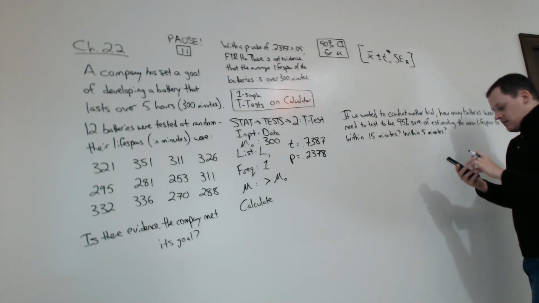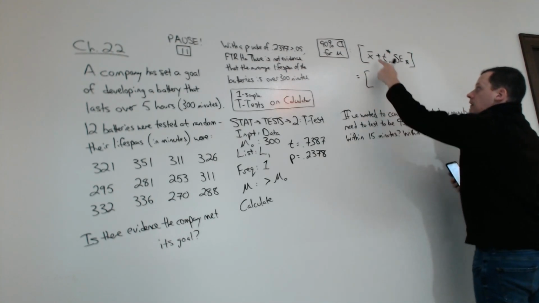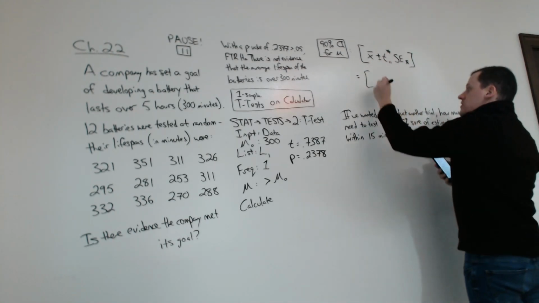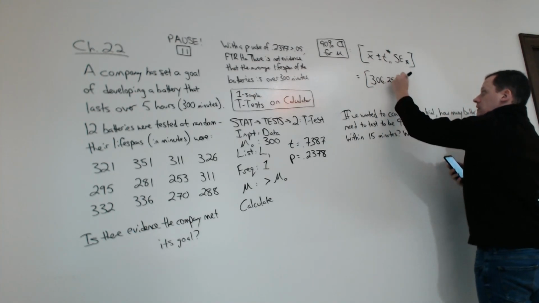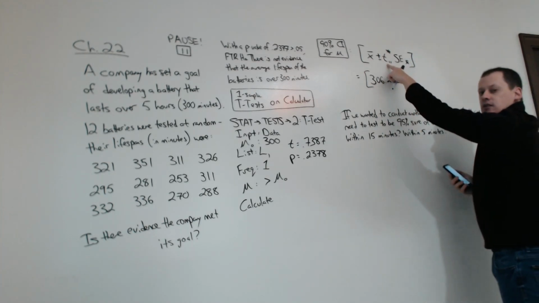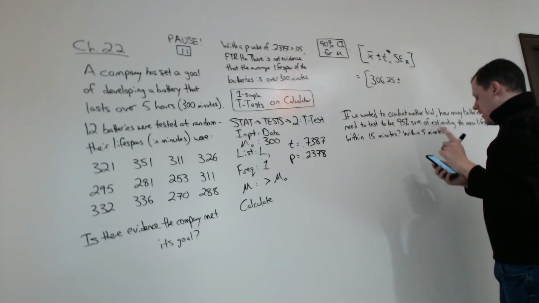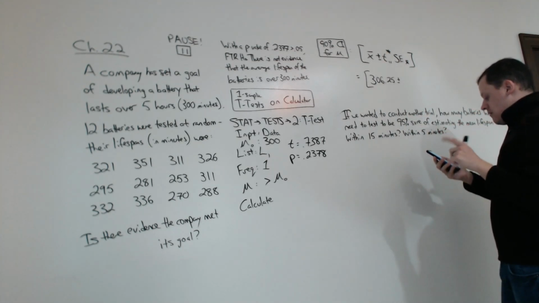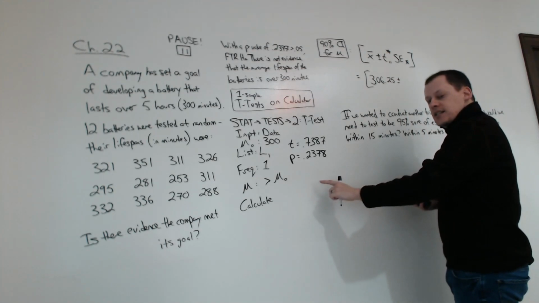Okay. So, we know most of these things. X bar, the sample mean was 306.25. We're not sure what t star is yet. We'll figure that out in just a minute. But the standard error is what we used when we calculated the t-score.